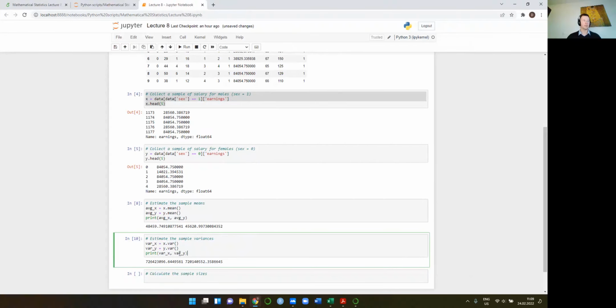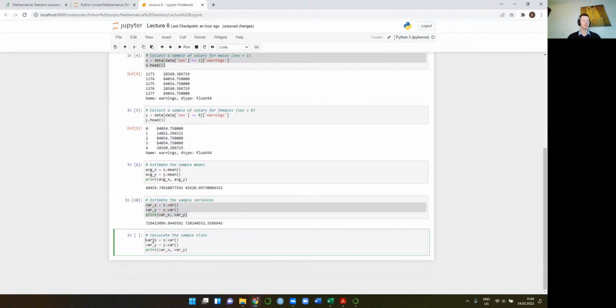For sample sizes, we can do the following. We can call them N and M. And we just use the function len. So len is for length. So how long is this?